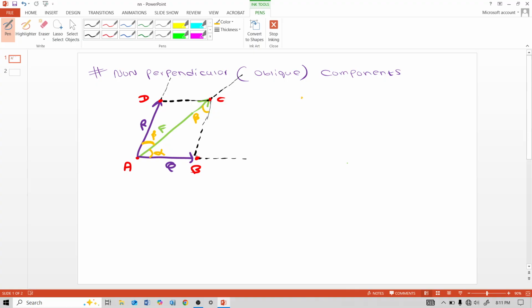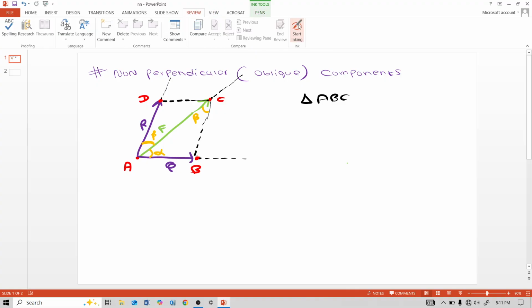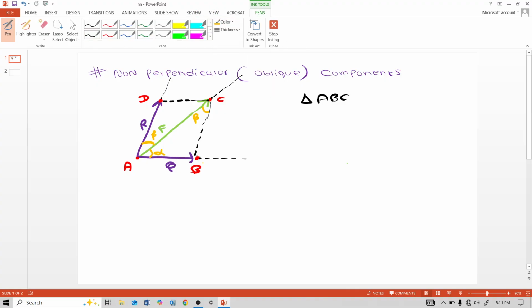If we consider triangle ABC, you all know that the sum of all angles of a triangle is 180 degrees. With the help of this, we can write this angle as 180 minus (alpha plus beta). So we will consider this triangle ABC and apply the sine rule.